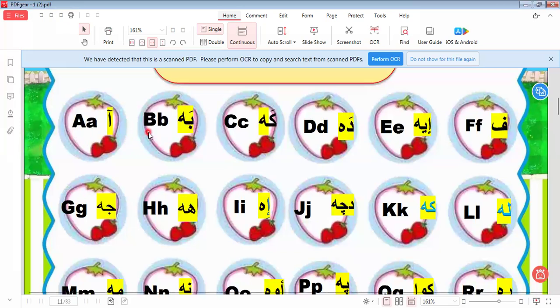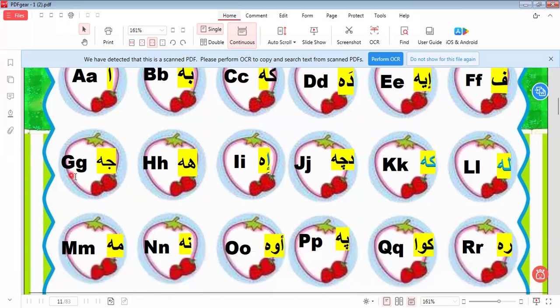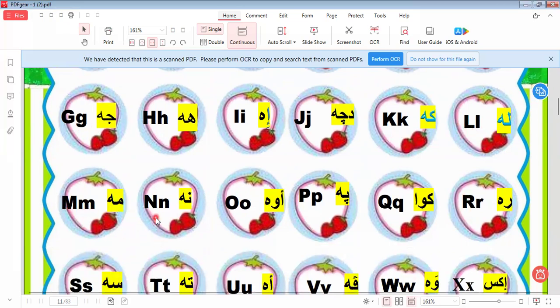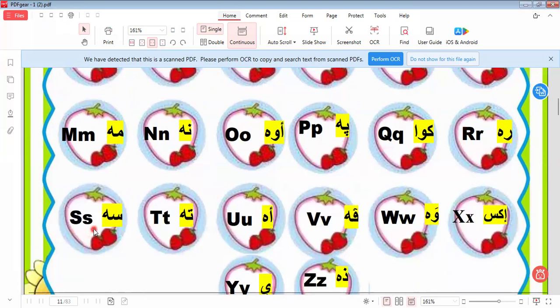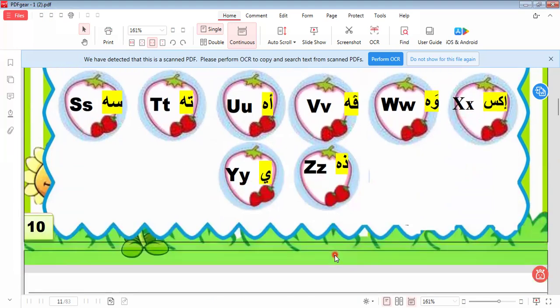Capital A and small a, capital B and small b, capital C and small c, capital D and small d, capital E and small e, capital F and small f, capital G and small g, capital H and small h, capital I and small i, capital J and small j, capital K and small k, capital L and small l, capital M and small m, capital N and small n, capital O and small o, capital P and small p, capital Q and small q, capital R and small r, capital S and small s, capital T and small t, capital U and small u, capital V and small v, capital W and small w, capital X and small x, capital Y and small y, capital Z and small z.